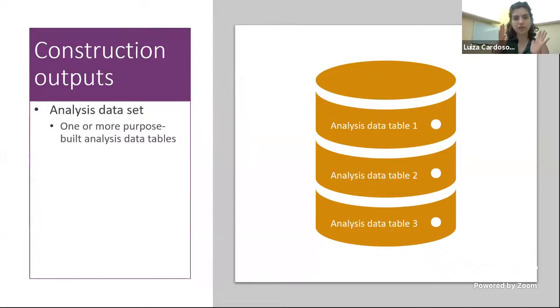So in each of these analysis data tables 1, 2, and 3, each row will represent one instance of the unit of analysis. In a school level data table, we'll have school 1, school 2, school 3, and in the student level data table, we would have the different students in each of these schools represented in one row. And since our research design may include more than one unit of analysis, we'll need more than one analysis data table.